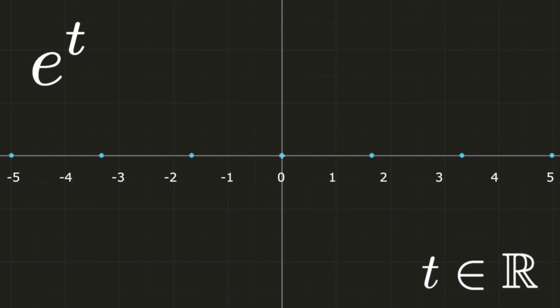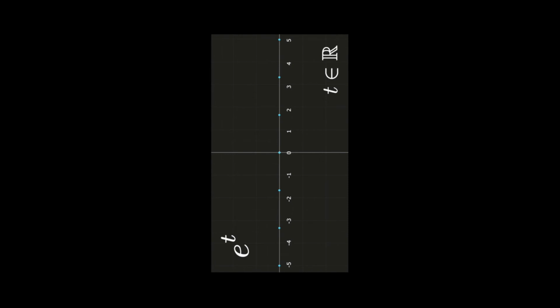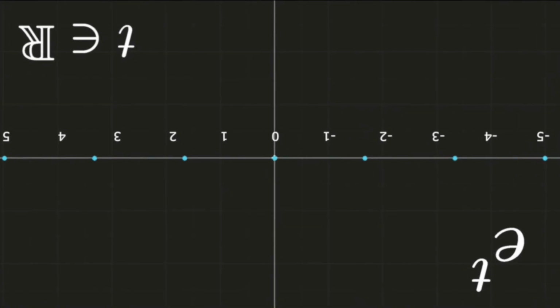And the way we're going to do it is just take the real line and then rotate it by 90 degrees, and then rotate it in the same direction by 90 degrees again. And that's why we need the imaginary number i, in order to kind of put those two parts of the real line that we separated out back together again.